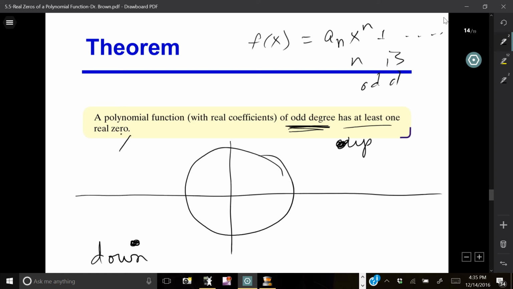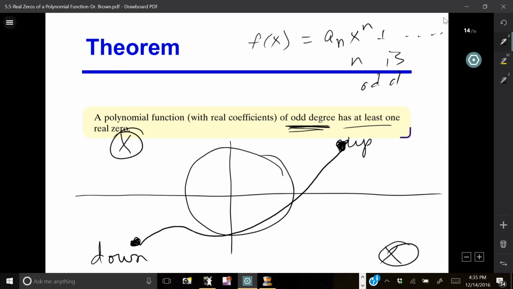if it's over here and down here, so if it's up on the left and down at the right, we got two possibilities. Because a polynomial is always connected, if you start on the downside and go to the upside, it has to cross the x-axis at least once.